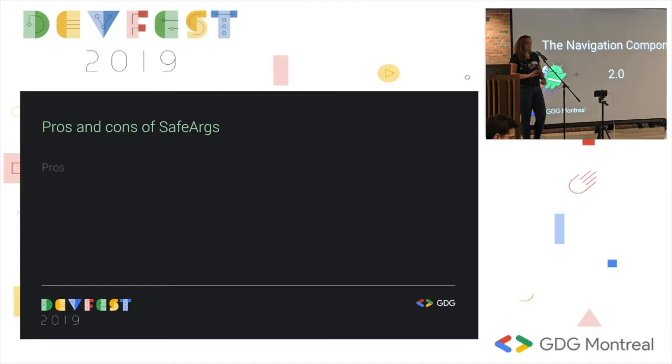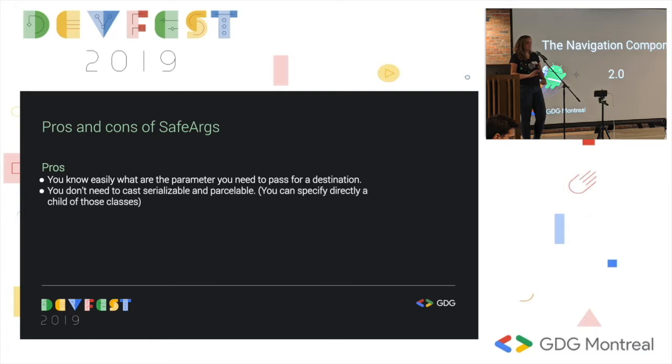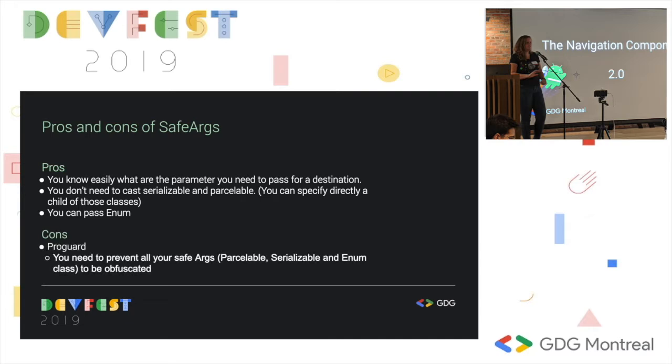So what are the pros? It's super easy, like passing parameters and knowing which parameter by direction, because it's always per direction that you will have your argument. And you don't need to cast, you can pass enums and other stuff directly. But the con is that you need to make sure that in ProGuard, you reveal all the classes that you pass.